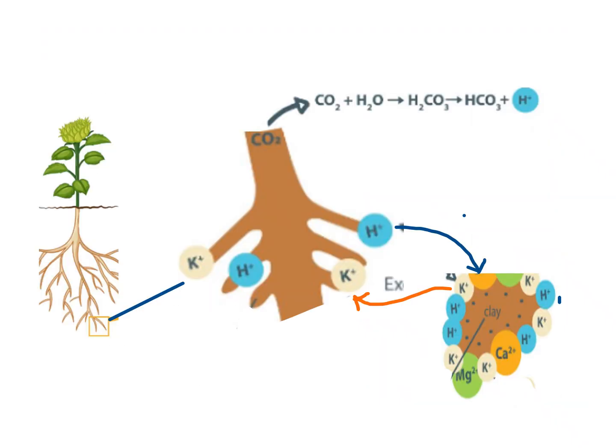A clay mineral or organic component of soil has negatively charged sites on the surface, which adsorb and hold positively charged cations by electrostatic force. This I have already told you in the previous slide. This electrical charge is critical to the supply of nutrients to plants because many nutrients exist as cations.